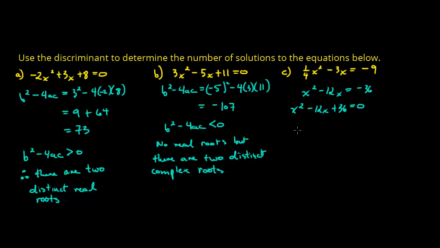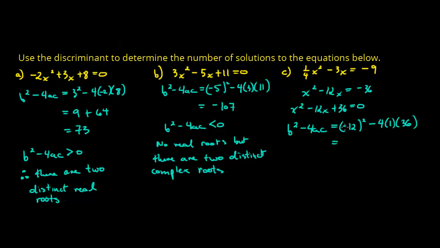Now we can look at the discriminant. b squared minus 4ac is equal to negative 12 squared minus 4 times 1 times 36.